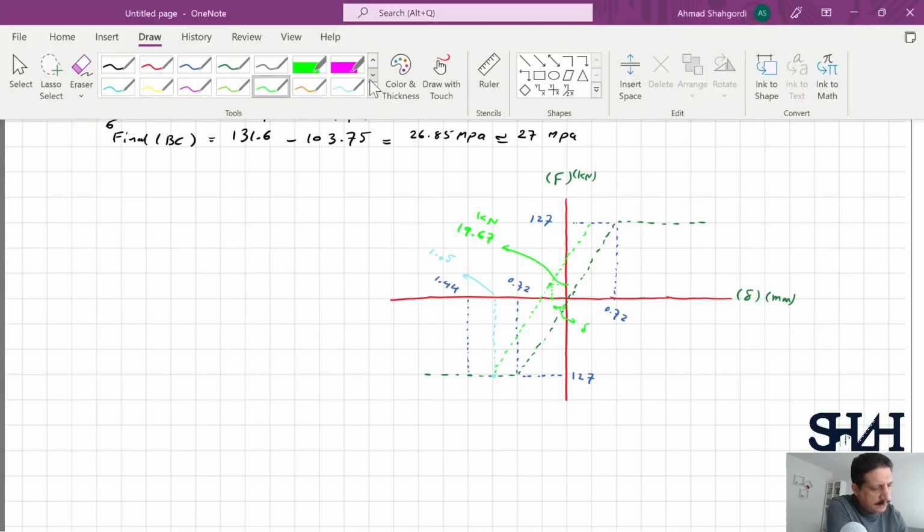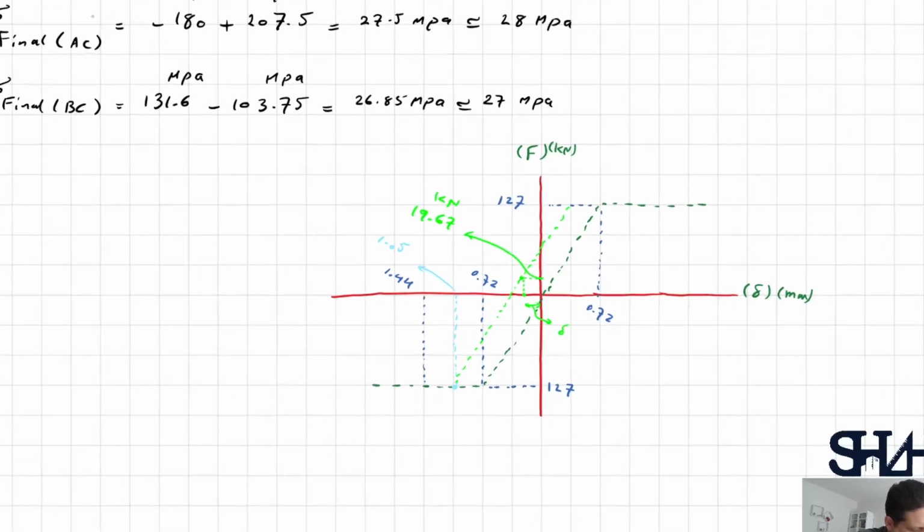Again, we can name these points with some parameters.